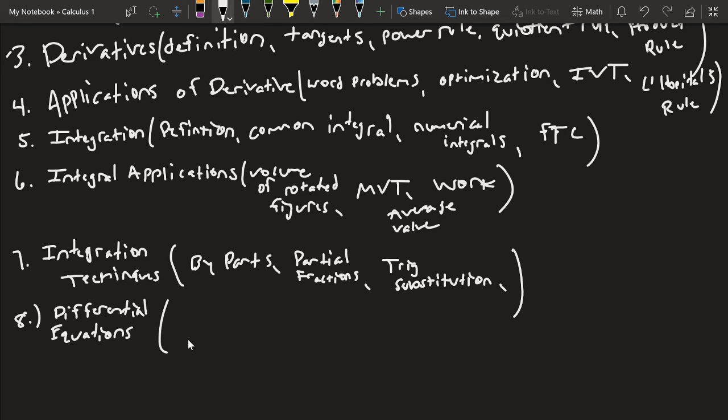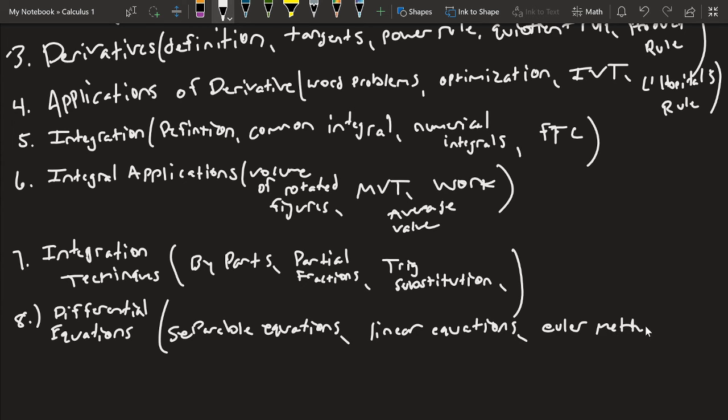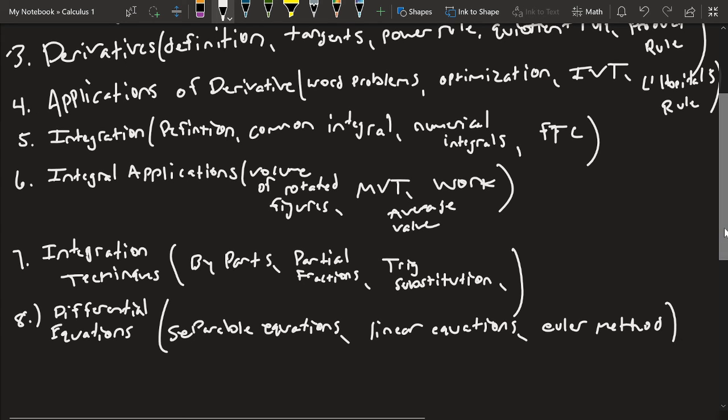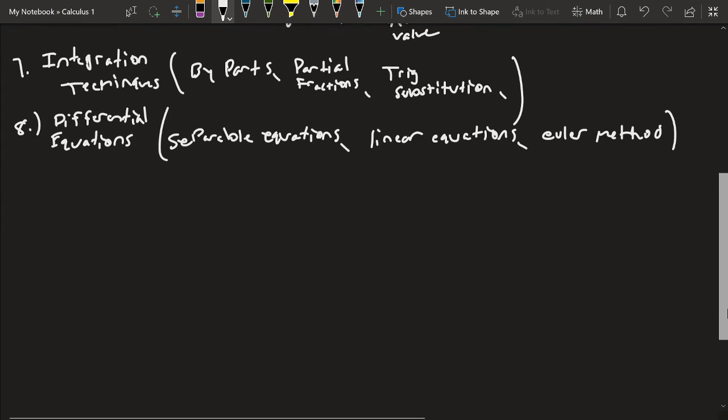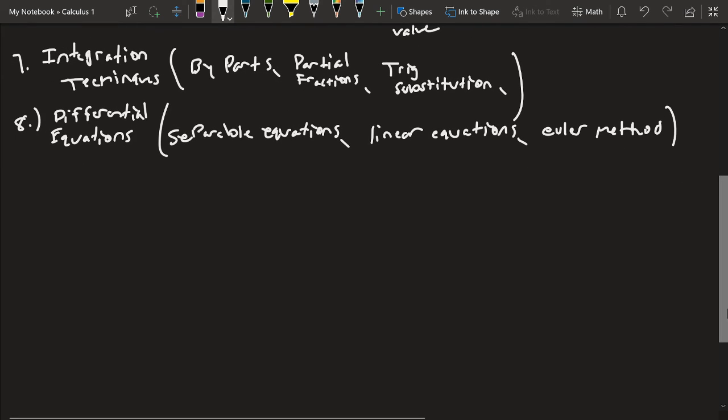With differential equations, we'll talk about separable equations, we'll talk about some linear equations, and we'll talk about other fancy things such as Euler's method. Ultimately, I have to clarify, this list is not exhaustive. I'm not listing everything I'm going to talk about. I'm giving more or less the big points, the features of each chapter.